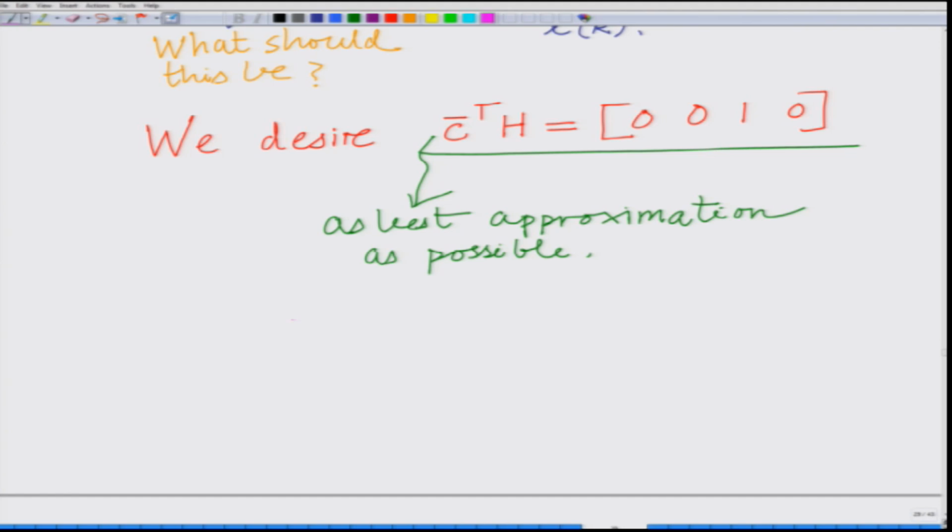Therefore, what we desire is 0 0 1 0 should be approximately equal to C bar transpose H.